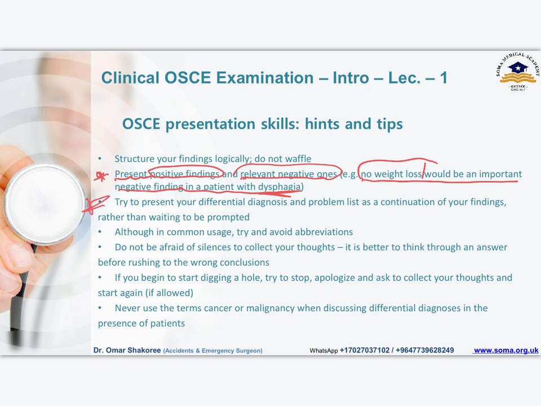With this trick, I prefer that you start saying the causes before the examiner tells you to give some causes. So once I finish, my patient has cough, fever, 3 days, not responding to antipyretic and analgesia, and on examination bilateral lung crepitation, I will continue like this: I have a differential diagnosis for this patient.